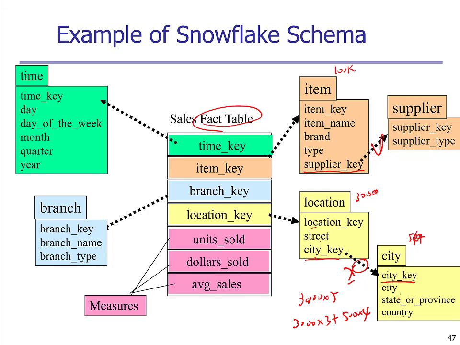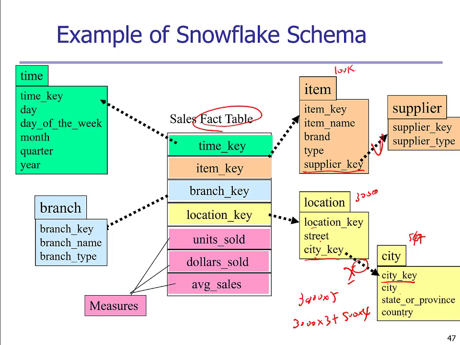So we barely do any update, especially on the dimension tables, because dimension tables are more static. That's why we should be careful when choosing to use the snowflake schema, because it is not always better than the star schema.